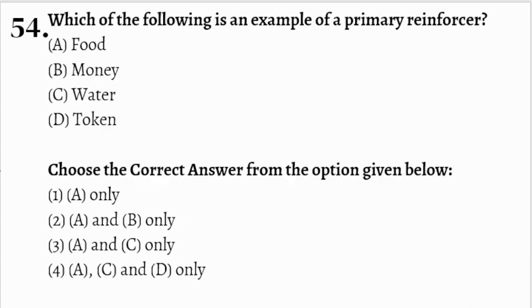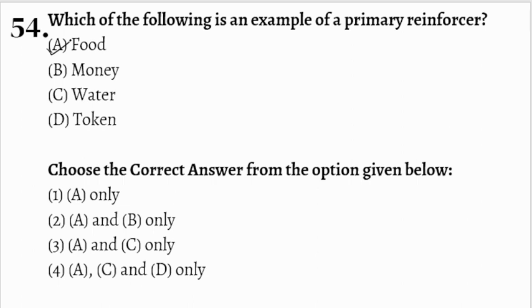Very simple question, please try and answer. Okay, so the question asks, which of the following is an example of a primary reinforcer?